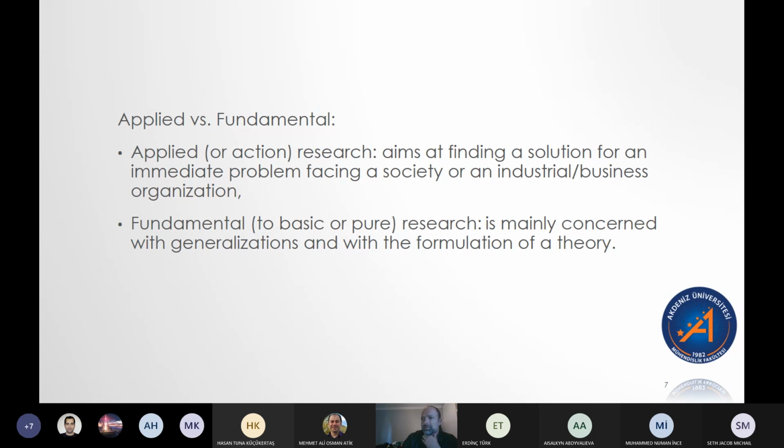All right. Some different types of research: applied versus fundamental. Okay, applied is going to be trying to find a solution. Fundamental is just kind of like trying to understand the way the universe works.